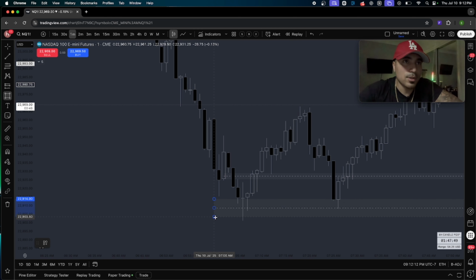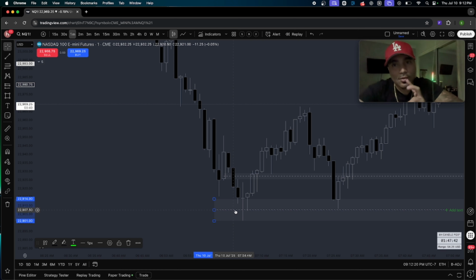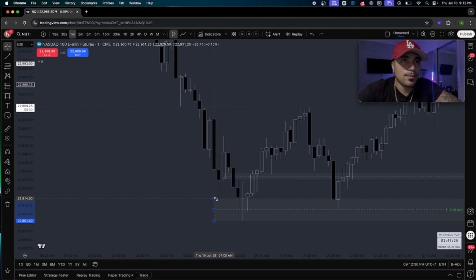All right, so this wick, this is what I like to do. I like to wait and see how price reacts to the consequent encroachment, aka rejection block. Because look at this wick. If you draw the box from the body to the bottom of the wick, this halfway mark is a rejection block if respected.